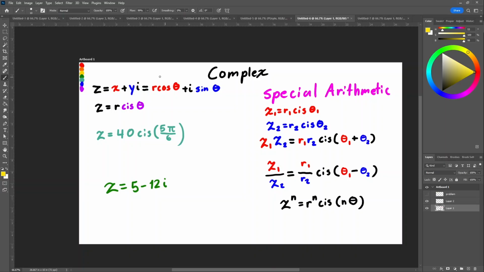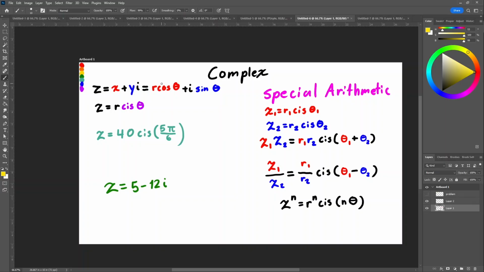So for complex numbers, we would have a complex point, z, that's how we denote a complex point, is equal to x plus yi. In this case, y represents the imaginary number line, or we can also denote it as r times the quantity cosine theta plus i sine theta.